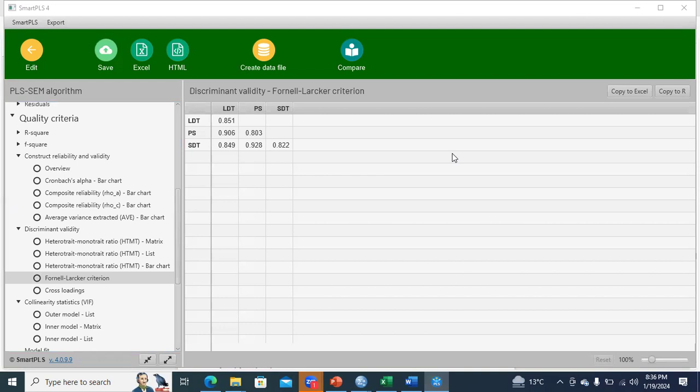Tomorrow, I will provide more detail on the advanced tools, like the structural model, the interpretation of different tables, the interpretation of the measurement model, your discriminant validity, your convergent validity, your model fit tables, and your hypothesis.